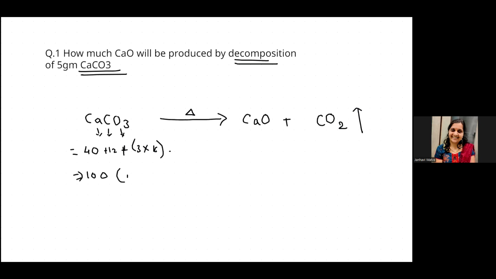Okay. Similarly, let's calculate for CaO. Calcium being 40 and 1 oxygen being 16 mass, that is nothing but 56. I will write 56 parts because we don't know what 56 is or what 100 is. And what about CO2?